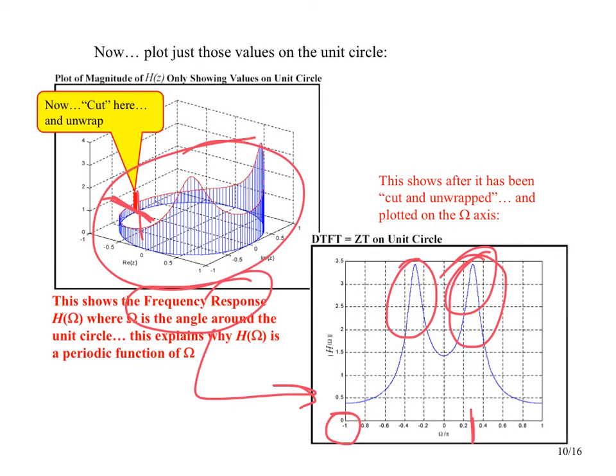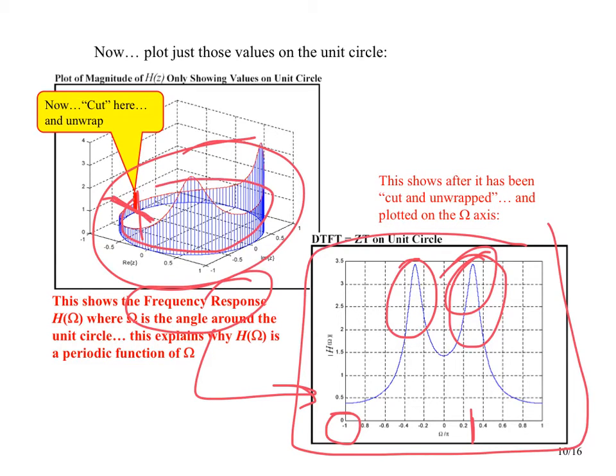So we've only shown from minus pi to pi on this plot over here, but if we extended that and plotted a DTFT showing outside of that, we would see that it's periodic. And that's just because we're going around the unit circle around and around and around. So it doesn't matter how many times I go around, I'm right back onto the same plot.